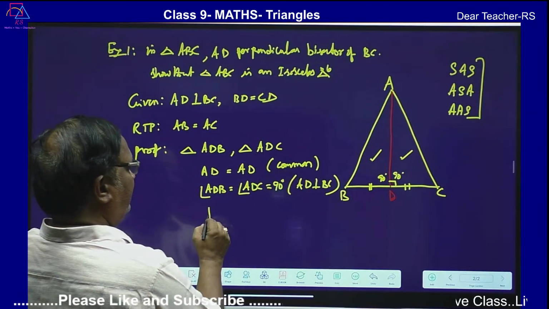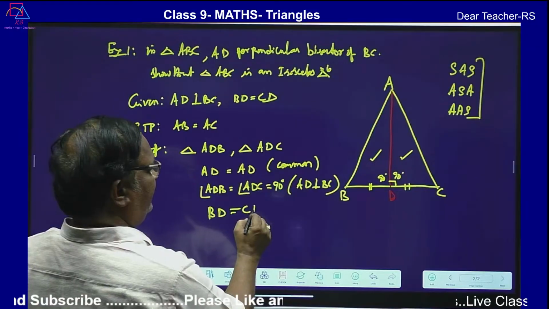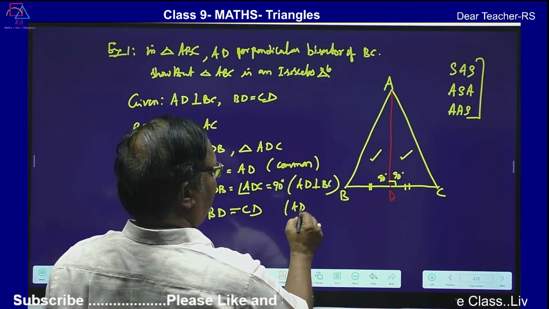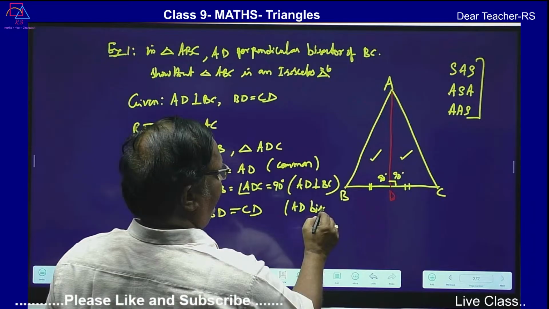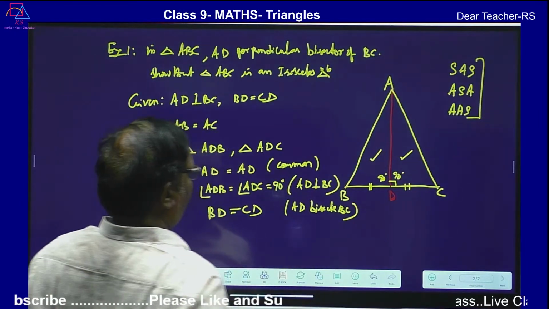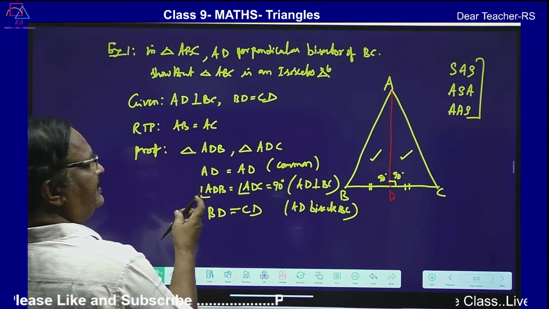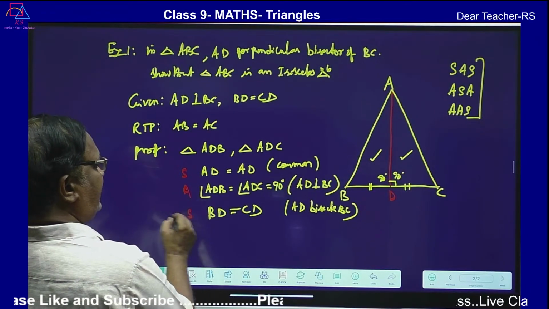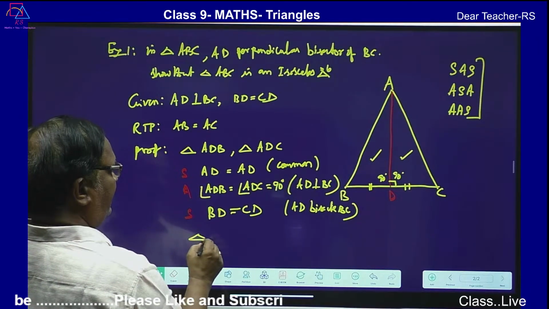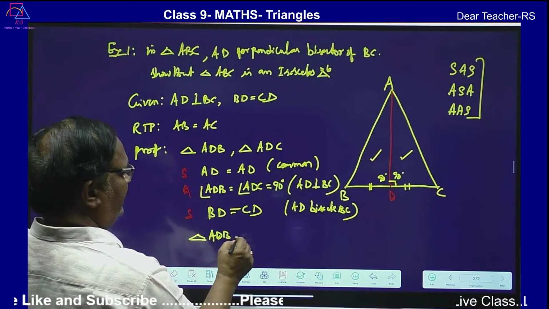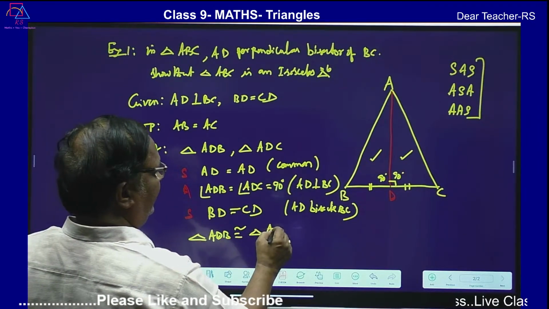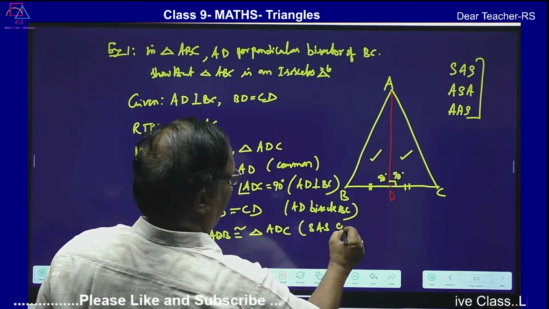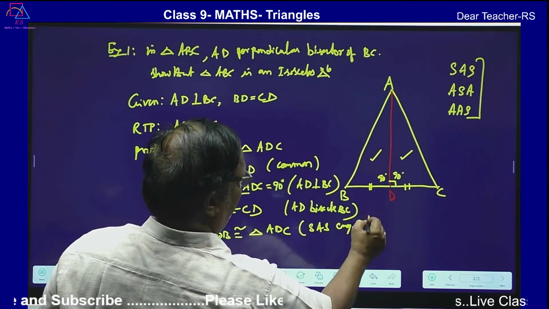And BD is equal to CD, also because AD bisects BC. Therefore, it is angle side. So therefore triangle ADB is congruent to triangle ADC by SAS congruency rule.